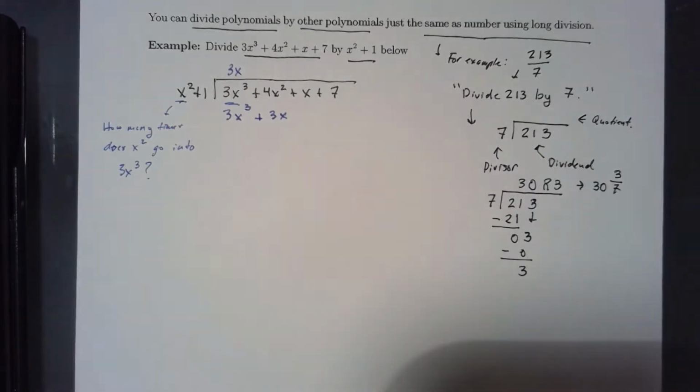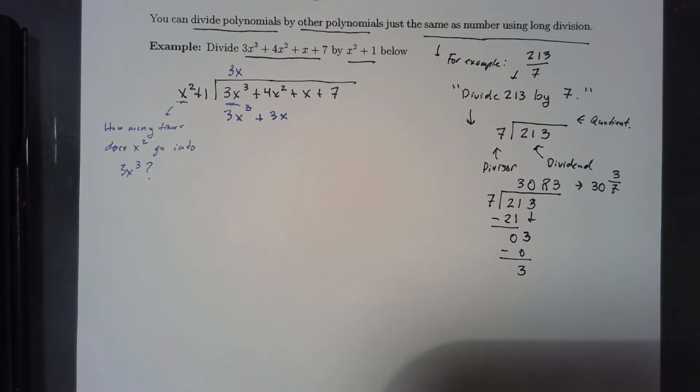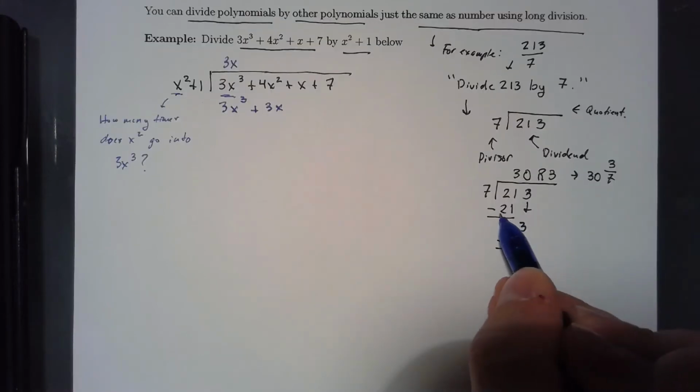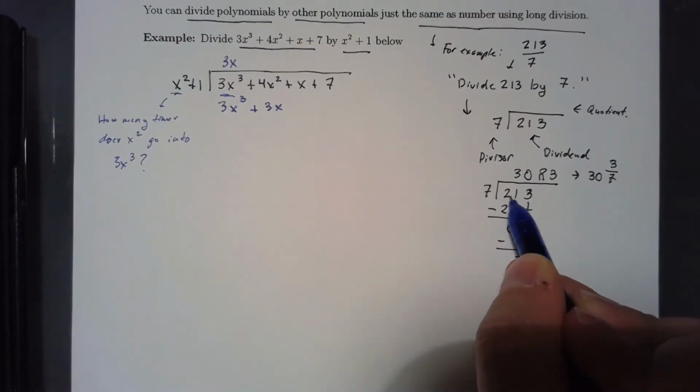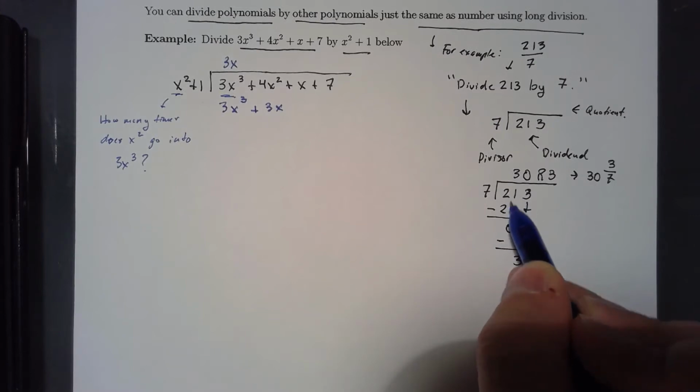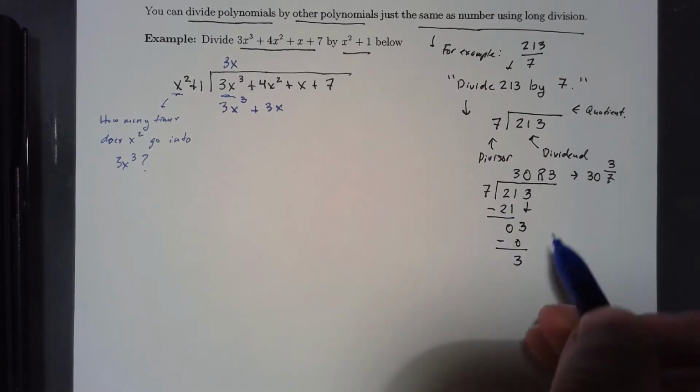Now what you're going to do next is subtract the whole thing from the dividend. That's the next step in the long division process.